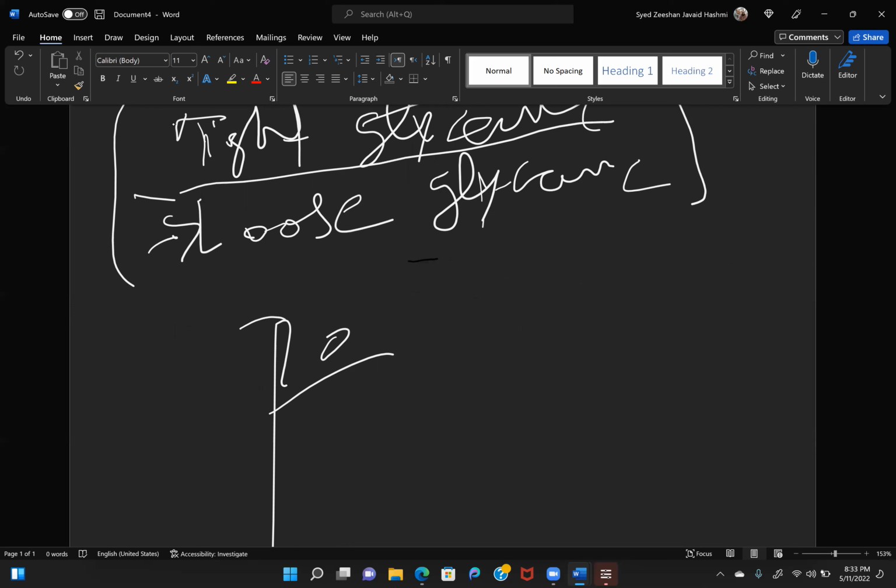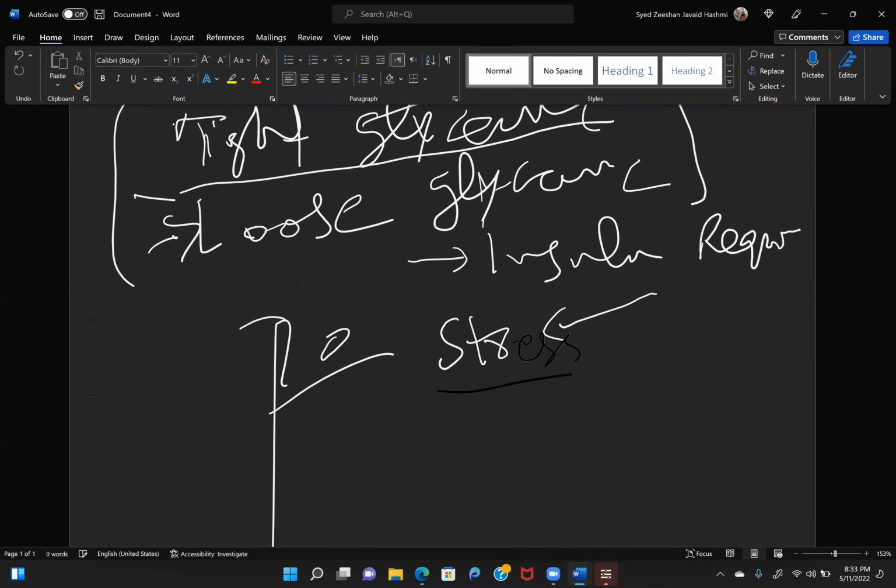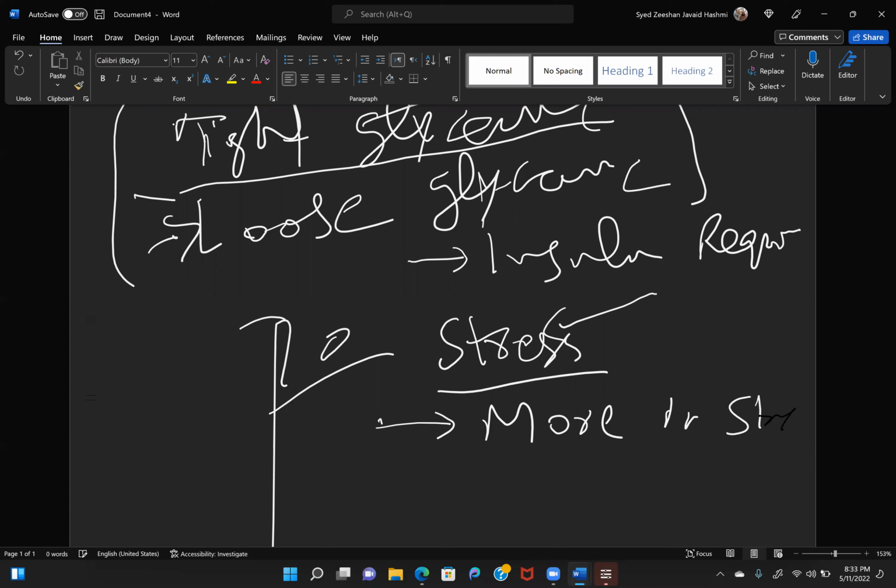The insulin requirement will be according to the stress. In the earlier part of the surgery, the requirement will be more, and later, as the surgery progresses towards the end, the requirement may decrease.